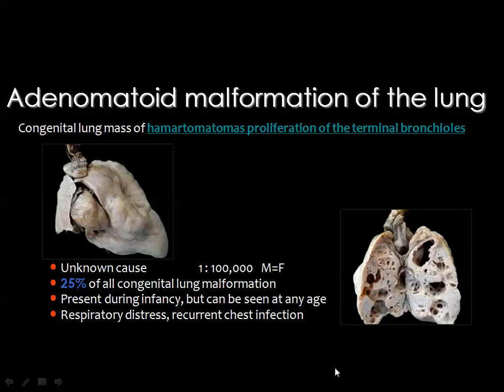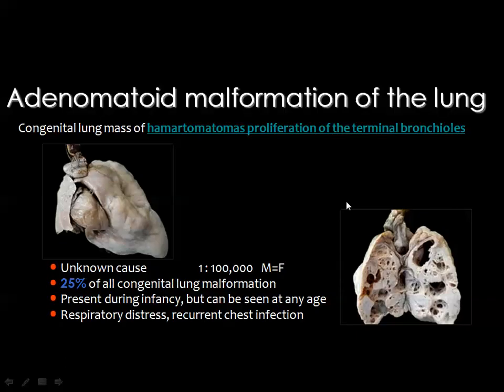Then we came to one of the lesions seen in the pediatric age group, which is known as the cystic adenomatoid malformation of the lung, which is a congenital disease affecting one of the lungs in the form of hamartomatous proliferation of the terminal bronchioles.